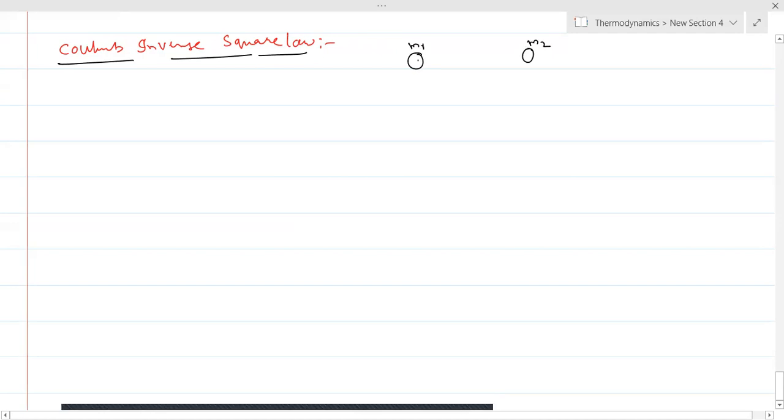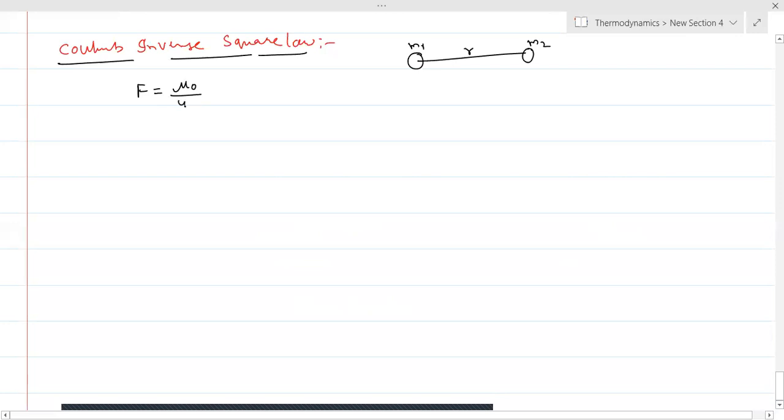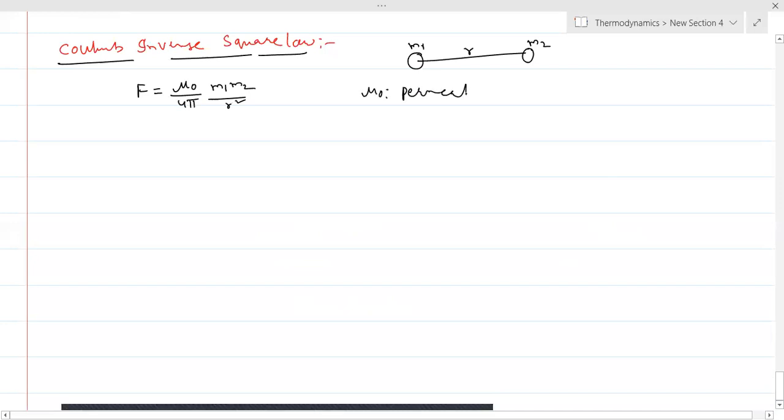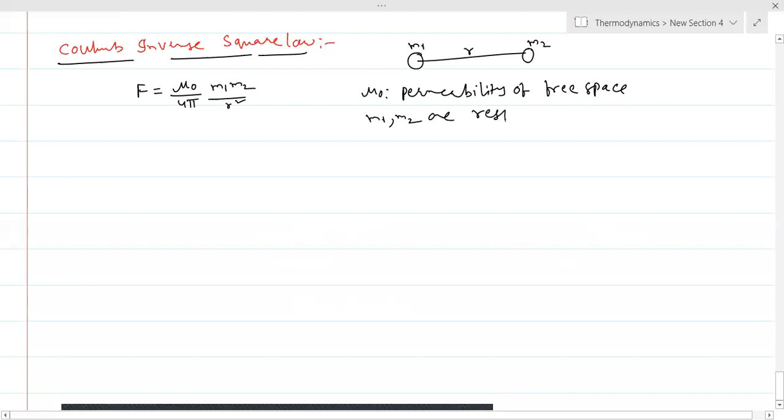Two poles having pole strengths M1 and M2 are separated by a distance r. Then the force of interaction between them is F equivalent to mu naught by 4 pi into M1 M2 by r square. We will take mu naught as the permeability of free space, nothing but air or space. And here M1, M2 are the respective pole strengths.